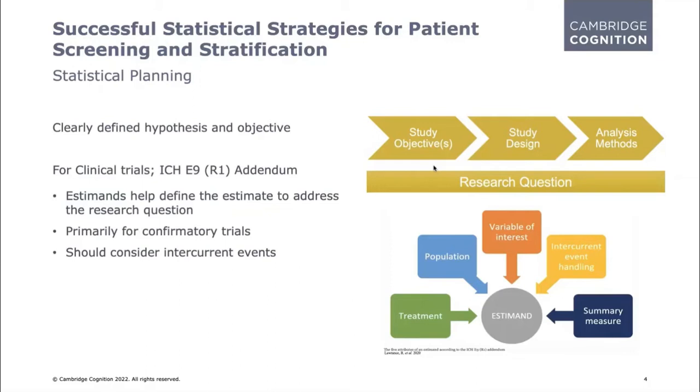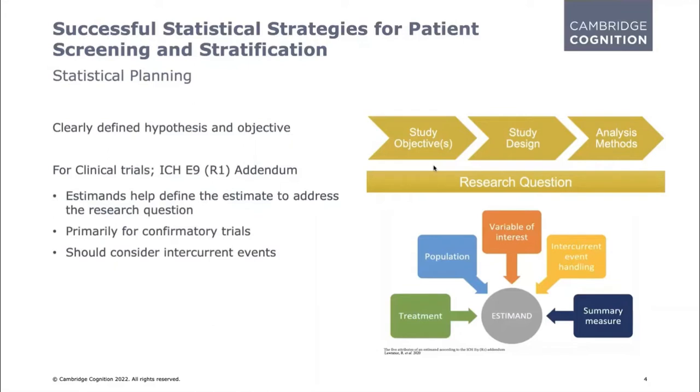In addition, we also should consider how we are able to generate that estimate, and what is the best study design that allows us to do that and to meet that objective. And then the analysis methods really follow on that in the sense that they allow us to identify how we can generate that estimate of interest, and in generating that estimate, it allows us to question whether we've met our objective or not.